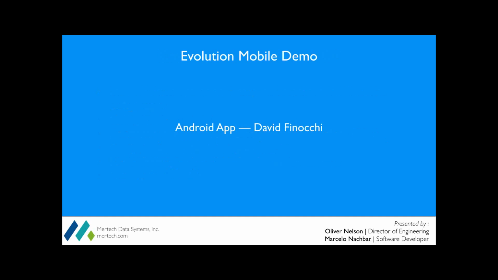One of the things we've had people ask for in relation to Evolution is sample code using Evolution from mobile platforms. And so we're actually in development right now on two different samples. One of them is an iOS example, and the other one is an Android example. We're going to take a look at the Android example today with one of our developers, David Finocchi.